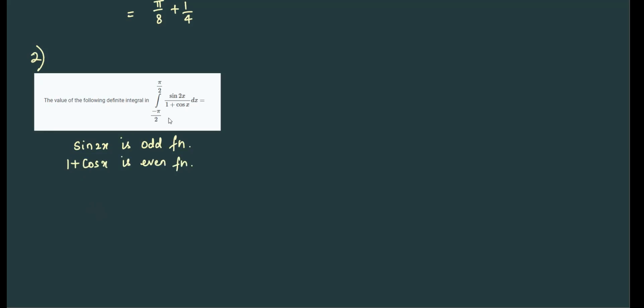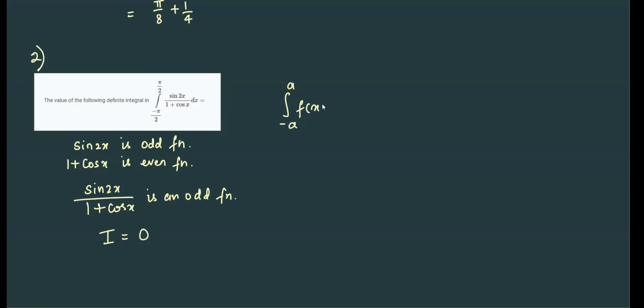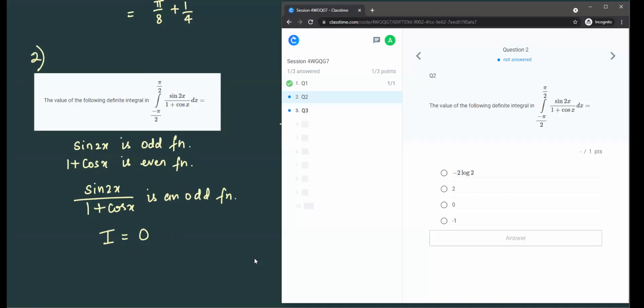So the quotient sine 2x by 1 plus cos x is an odd function. And integral from minus a to a of an odd function will be 0 using the property: integral of minus a to a f of x dx is equal to 0 if f is odd. So answer is 0 straight away.